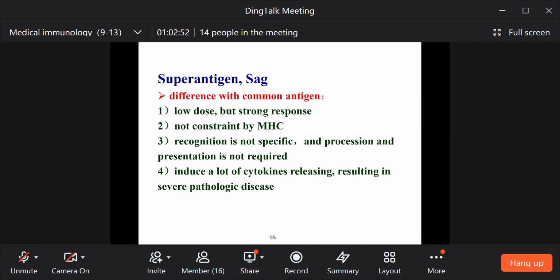Here we show the differences between superantigens and common antigens: 1, 2, 3, 4 points.